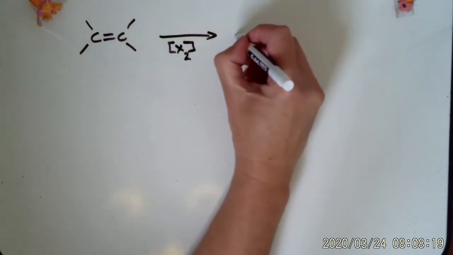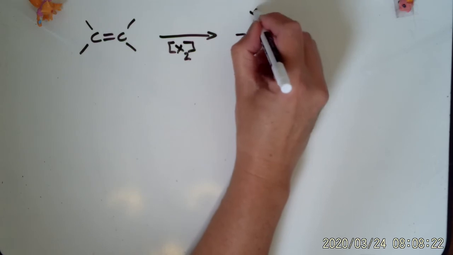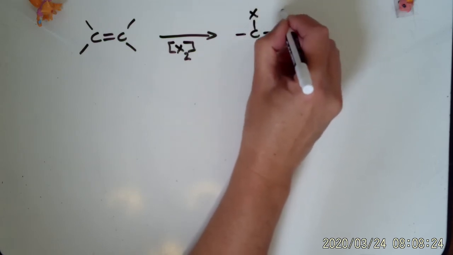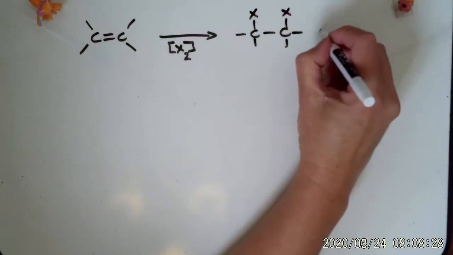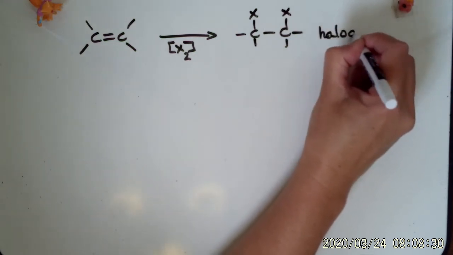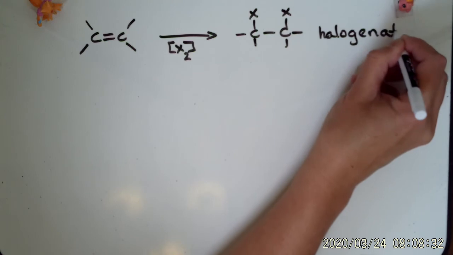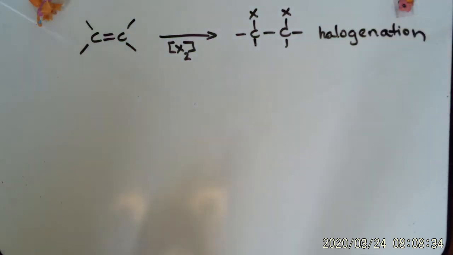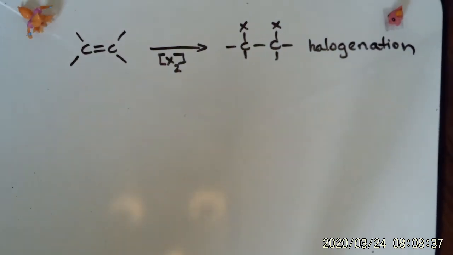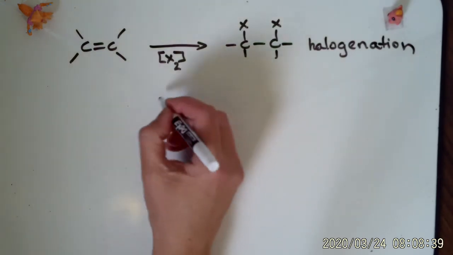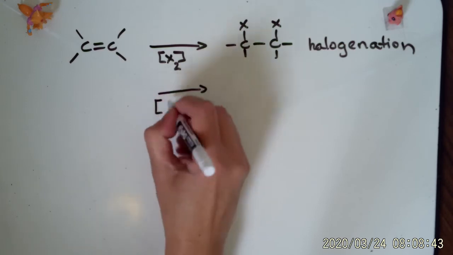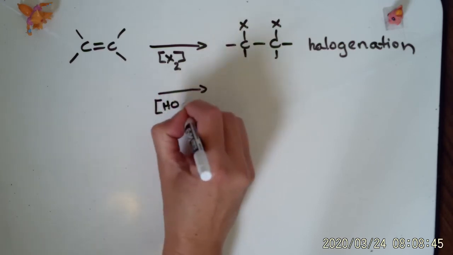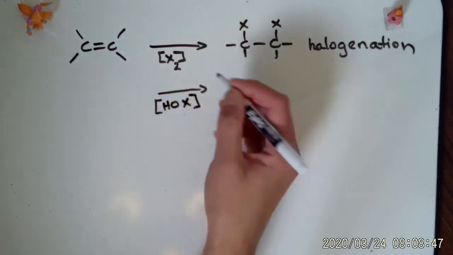Add a halogen to form a dihalide. Okay. Add a halohydrin.